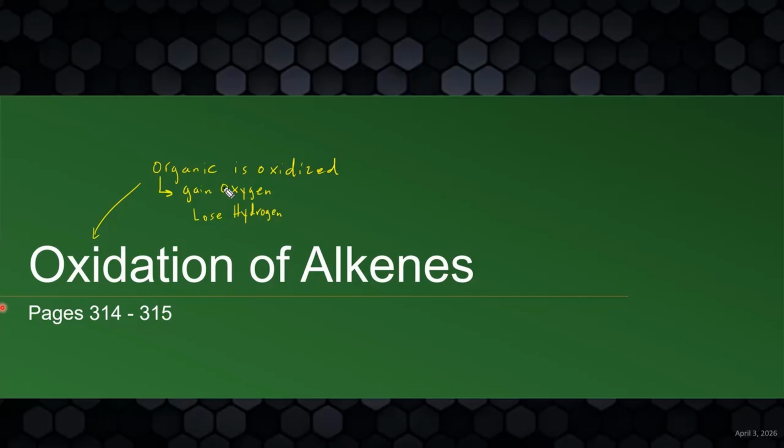So this is the way in which we view oxidation in organic chemistry. It makes it easier than counting electrons and oxidation numbers, especially when we have a lot of different atoms involved, different carbons, hydrogens, oxygens, etc. So this is going to be the oxidation of alkenes.